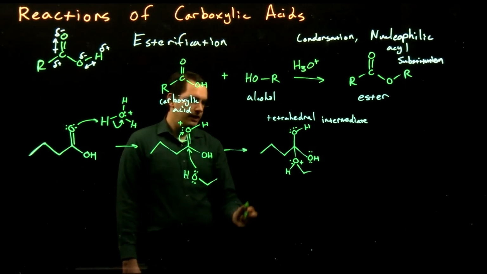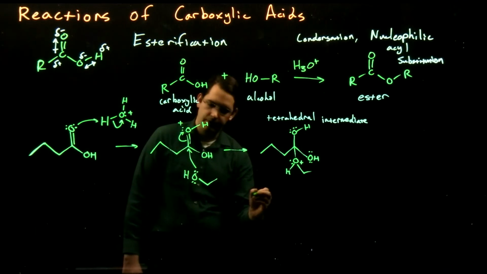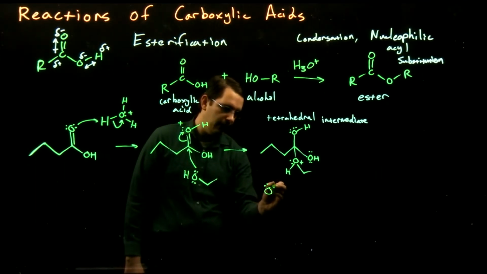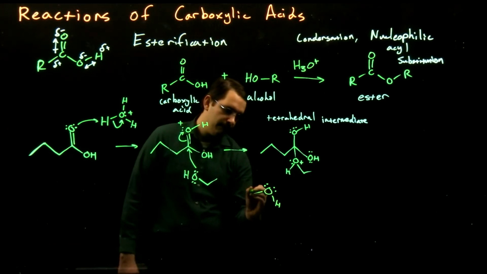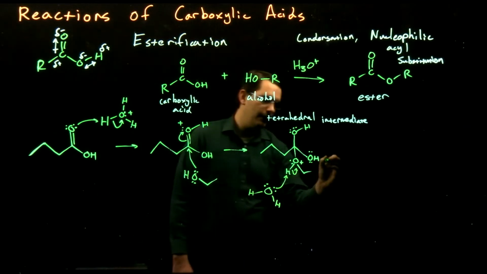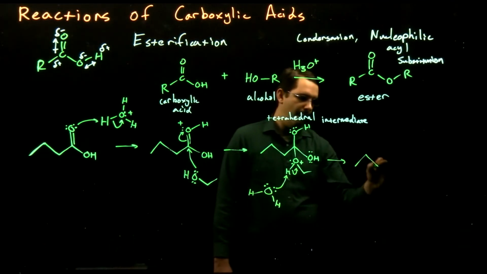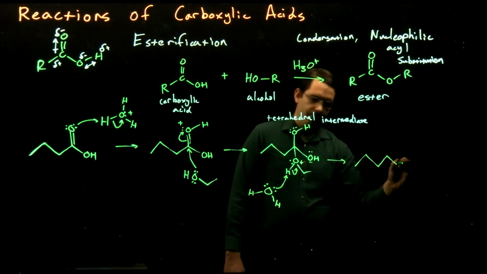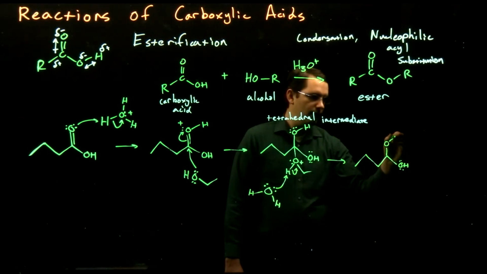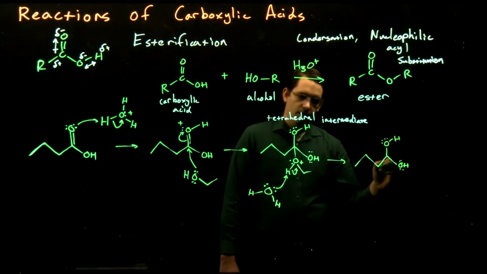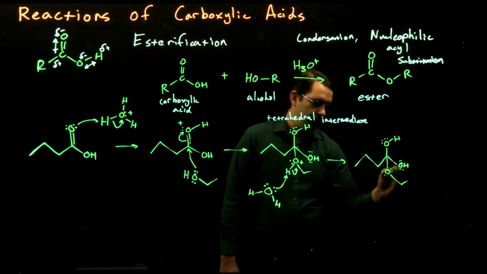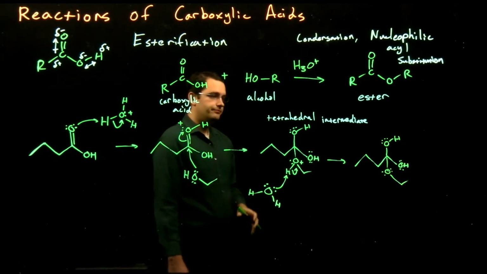Now at this point we need to deprotonate this, so I'm going to use the water that formed from my acid catalyst, and I bring in that water molecule and I'm going to remove my hydrogen here. So I've got my alcohol and my new nucleophile now attached here without my positive charge.